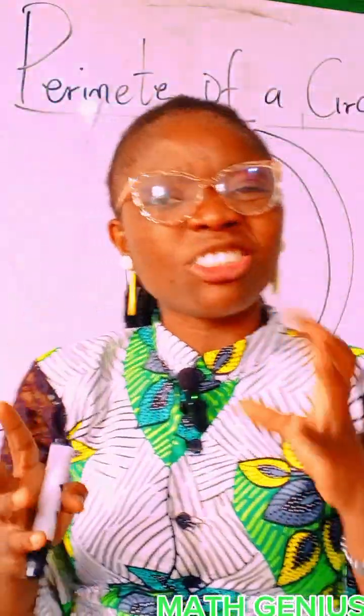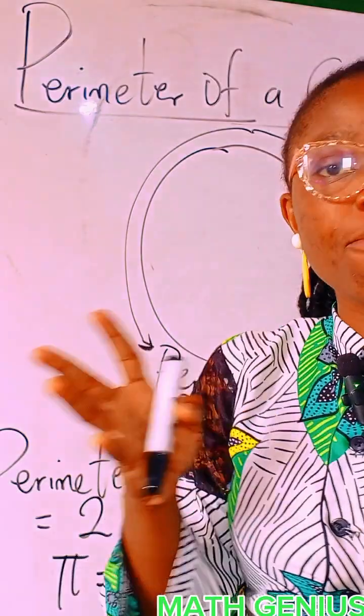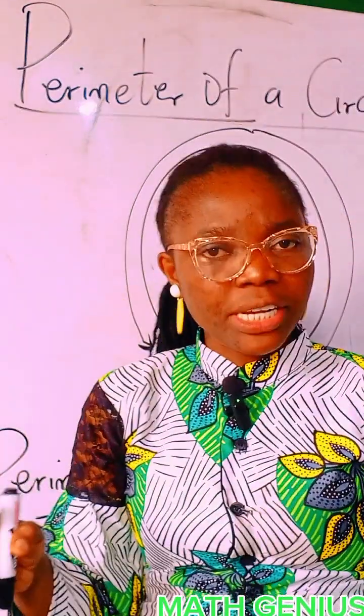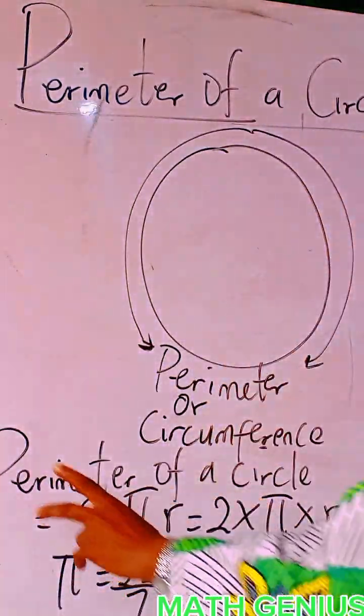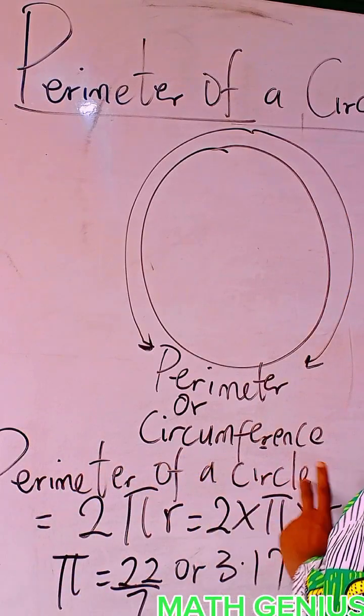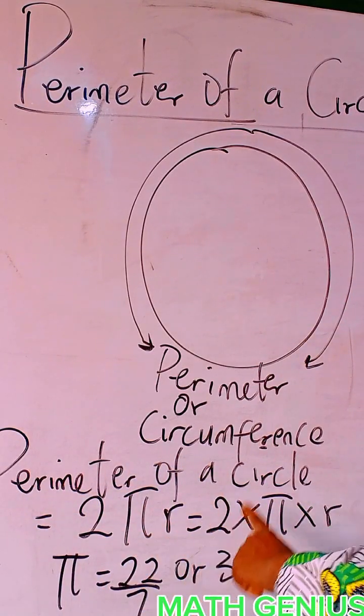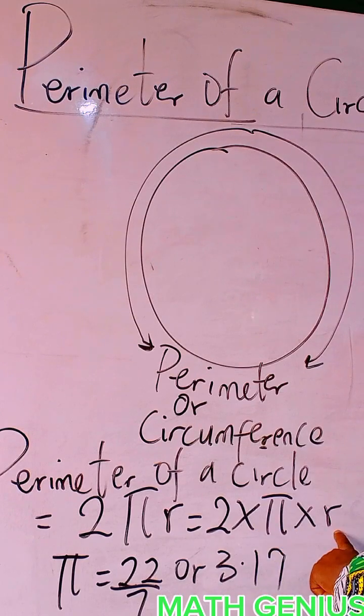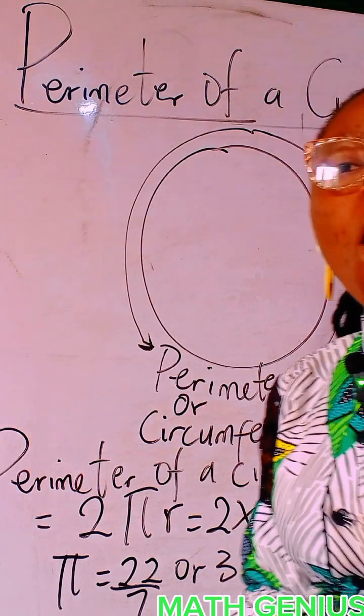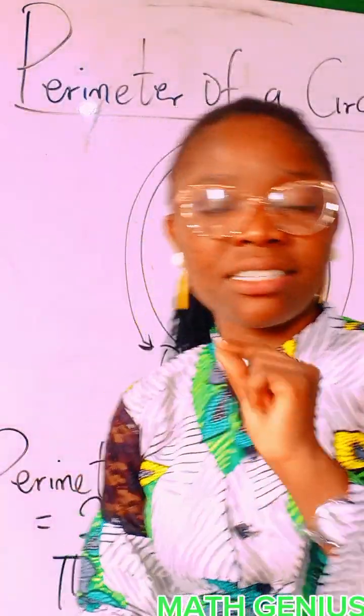Yes, that's when you are trying to estimate the value. But for you to be accurate, you have to make use of the formula, which is perimeter of a circle equal to 2 pi r, which means 2 times pi times r. Remember, pi is a constant value, 22/7 or 3.14 in decimal form.